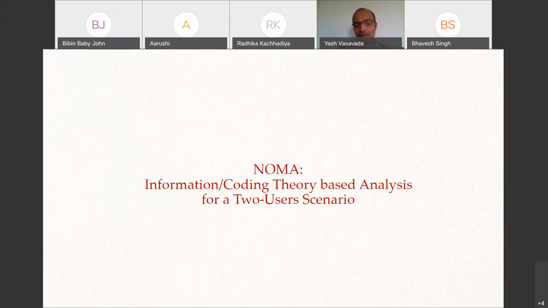There is another class of NOMA research and NOMA studies which actually focus on what the information theory and coding theory can actually deliver. And that is where, for example, these LDPC belief propagation algorithms come into play.